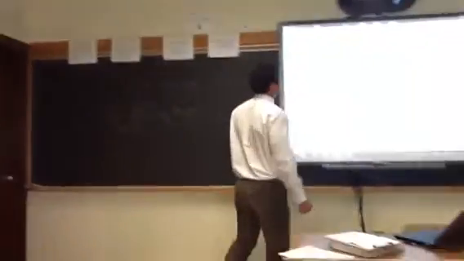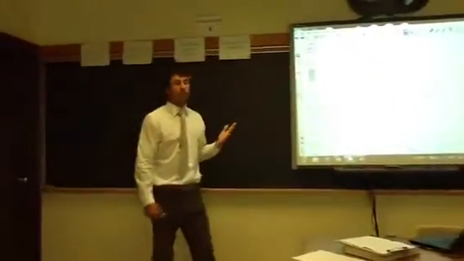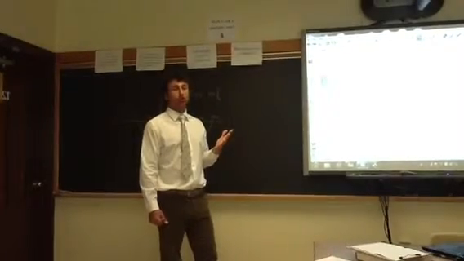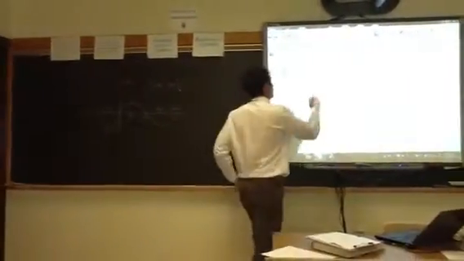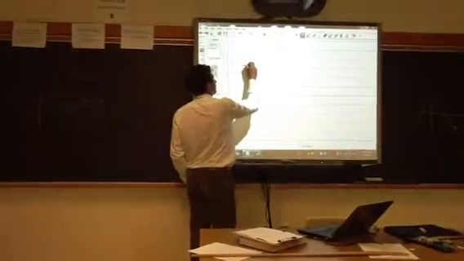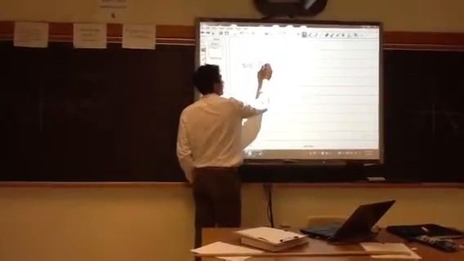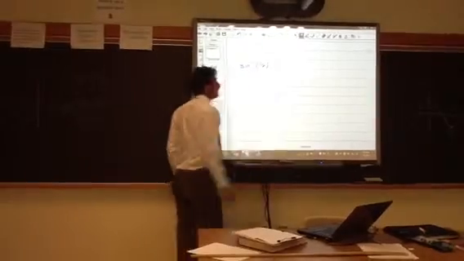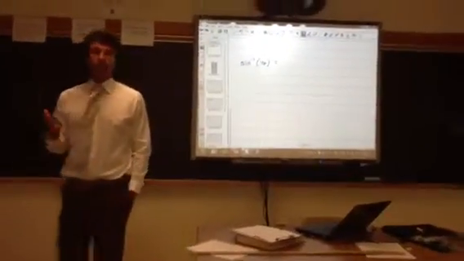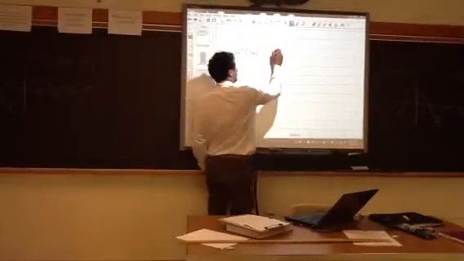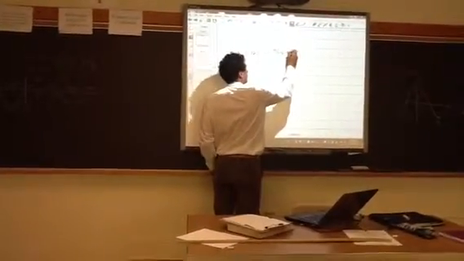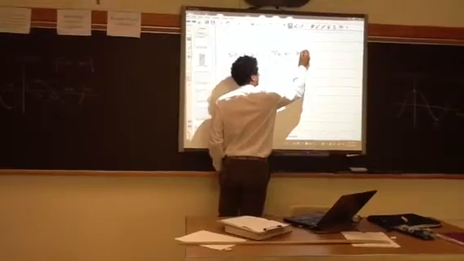But what the book will ask you, and your homework tonight will ask you, is to find all angles who have a sine of some value. So for example, the inverse sine of 1/2, as we said before, and I'm going to do this in degrees and radians, is pi over 6 or 30 degrees.